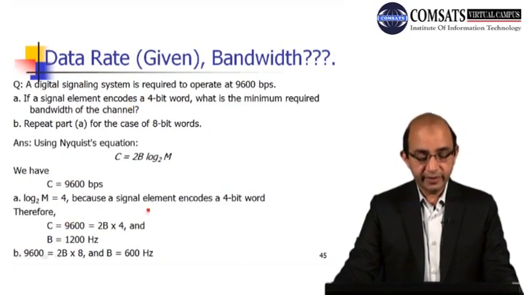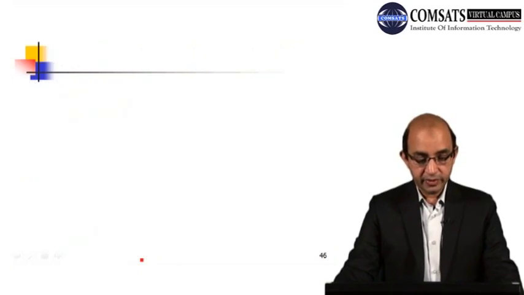We place values in the Nyquist criterion formula: 9600 equals 2B times 4, so B is 1200 Hertz, that is the bandwidth. In the second case, when we have an 8-bit word, M is equal to 8, 2B times 8, so we will have 600 Hertz. You can see that the bandwidth has been reduced.